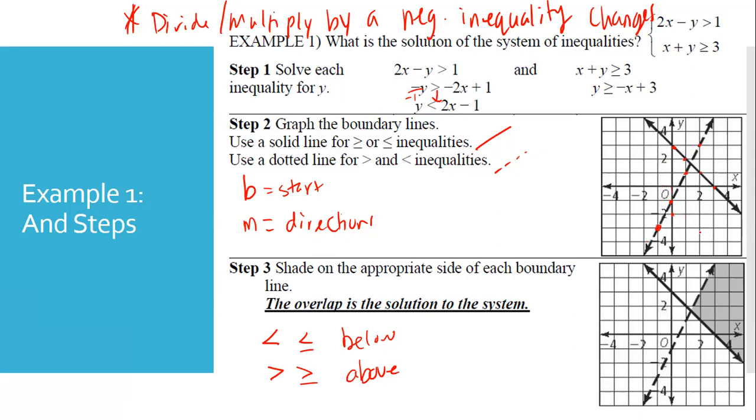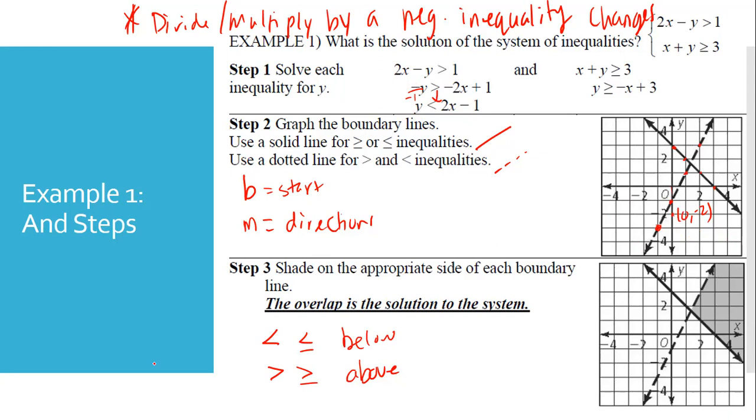If it makes a false statement, then I'm in the wrong place. If I plug in 0 for x, that gives me negative 1 on the right side, and I have negative 2 on the left side. Is negative 2 less than negative 1? Yes. So that's where my shading is. If all else fails and you forget above and below, just choose a test point. Where the test point is true is where you're shading.